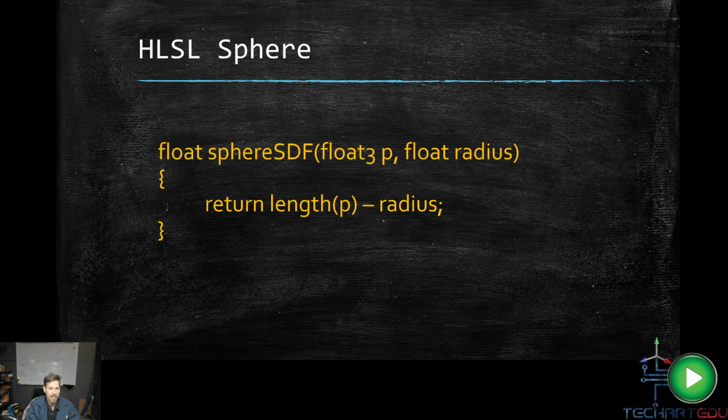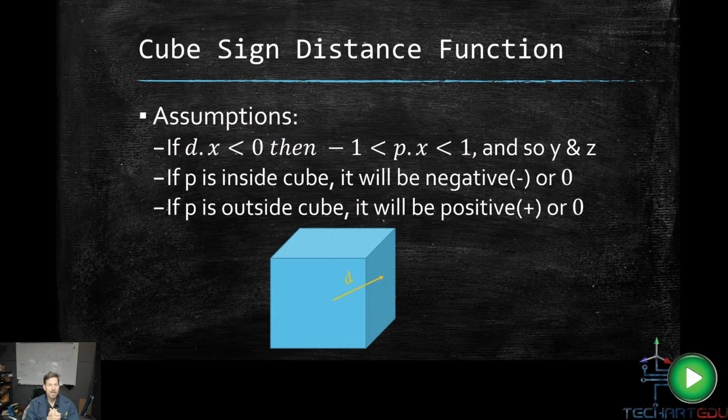Not too complicated. Now, if you're going to start dealing with things like cubes, then things are a little bit more complicated, and you have to be more of a mathematician in order to understand them.